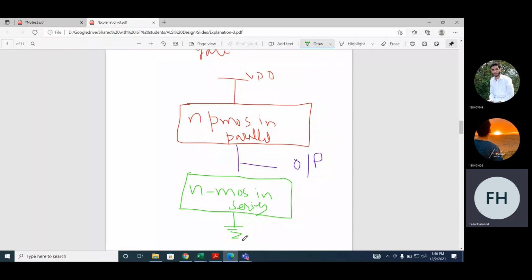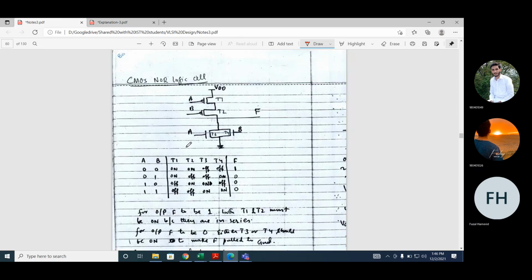It's very simple. Instead of N PMOS in parallel, to implement a NOR gate we need N PMOS in series and N NMOS in parallel.